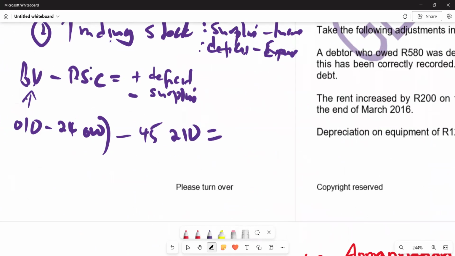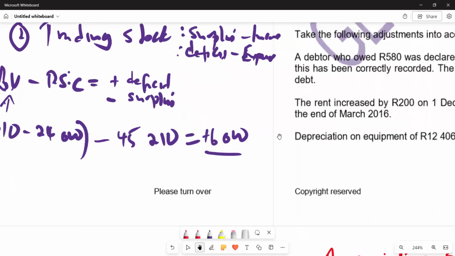And then we see what figure we get there. We are going to get a positive of 6,000. And if it's positive, we are saying it's a deficit, so it doesn't qualify under the income. We put it under other expenses. So this is what we have. So we can now conclude our other income section.